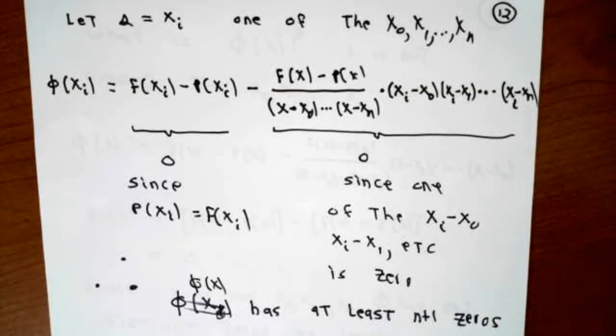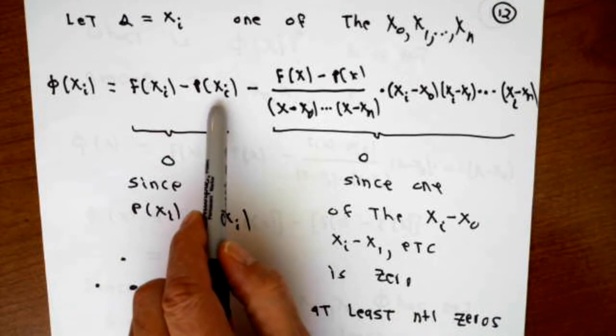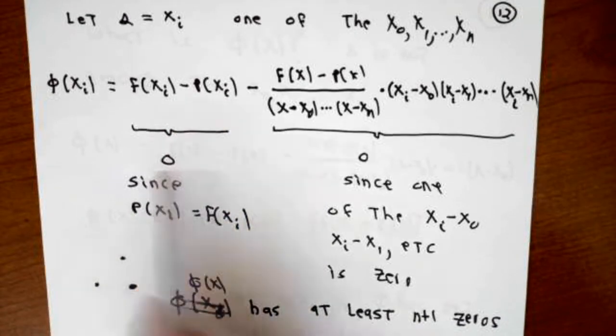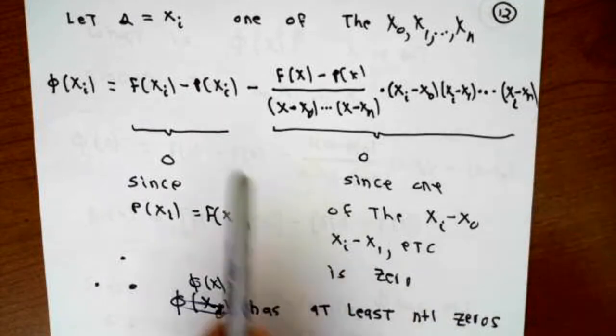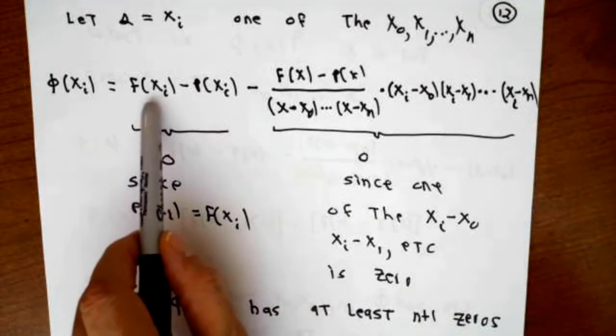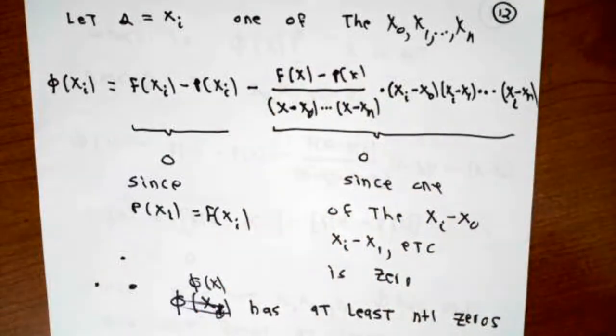And now the trickery will begin. What would happen if you evaluated phi at s equals xi, which is one of the x values out of your interpolating data set? Up front, you're going to have f of xi minus p of xi, which is 0, because p interpolates the data set. P at xi is f of xi. This is some constant.